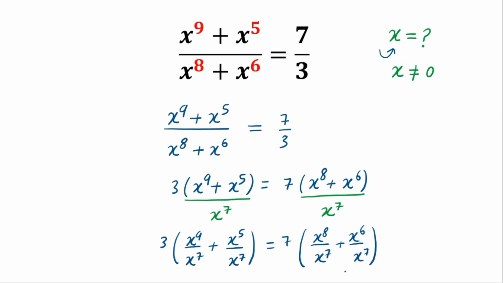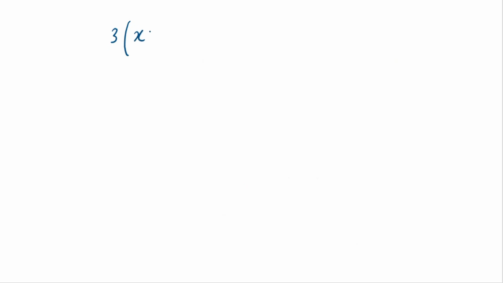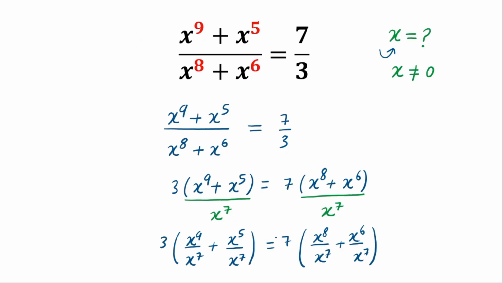In the left hand side, 3 times, and here x^9 divided by x^7, then you will get x^2, plus x^5 divided by x^7, then you will get 1 over x^2. So inside the bracket you will get x^2 plus 1 over x^2, and this is equal to, in the right hand side, x^8 divided by x^7, then you will get x, plus x^6 divided by x^7, then you will get 1 over x.